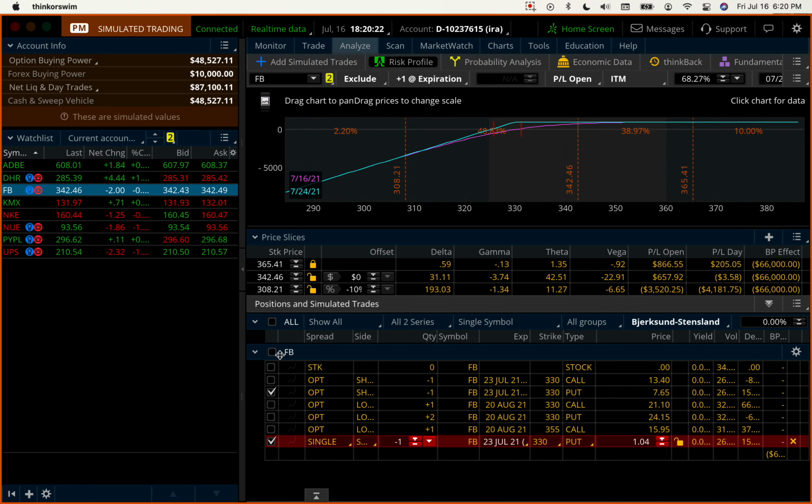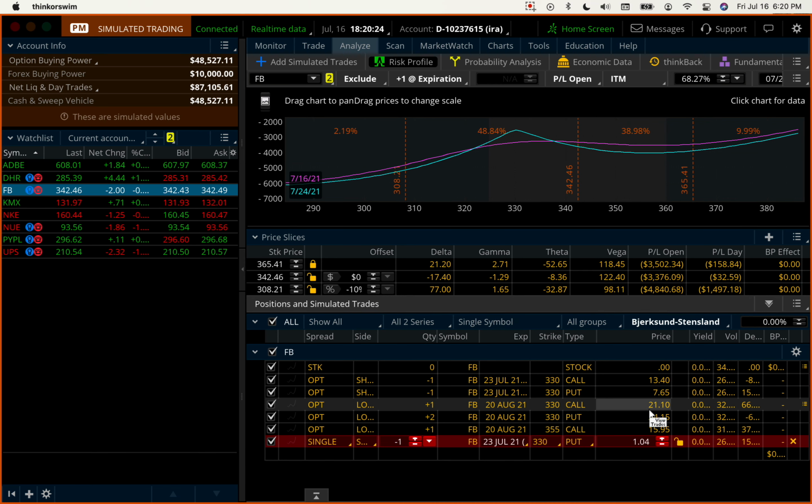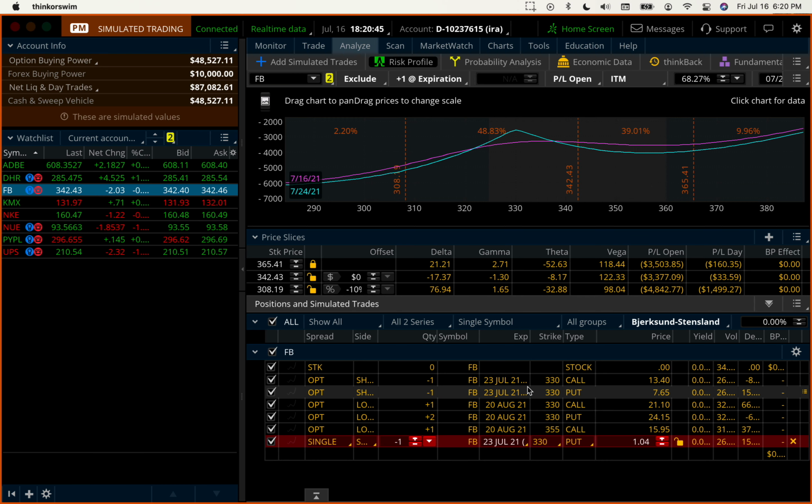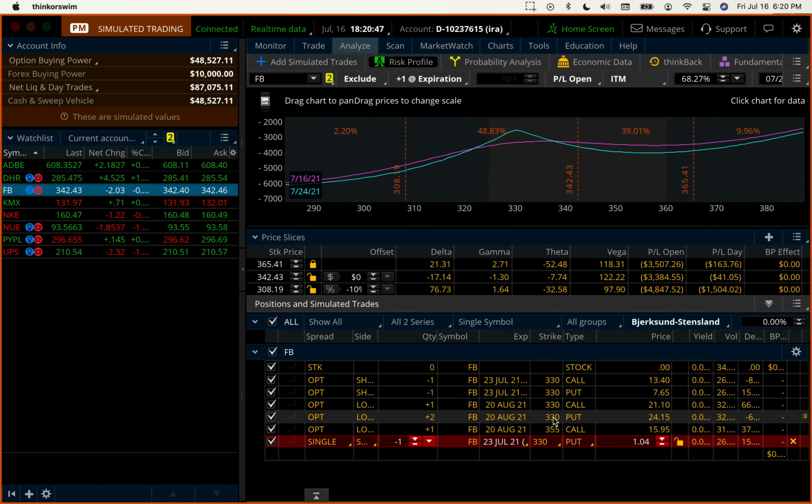Sell a put, and that reduces my deltas, as you can see, from minus 30 to minus 17. Reduce the negative deltas, that is. I don't like it either. Interesting. If I sold one put here, I wouldn't be getting too much money.